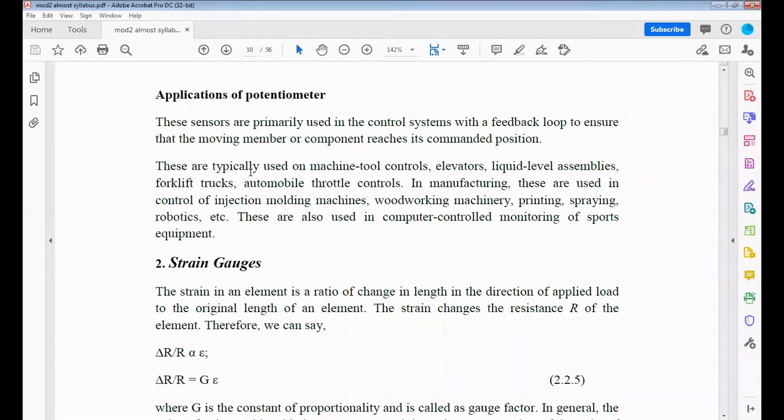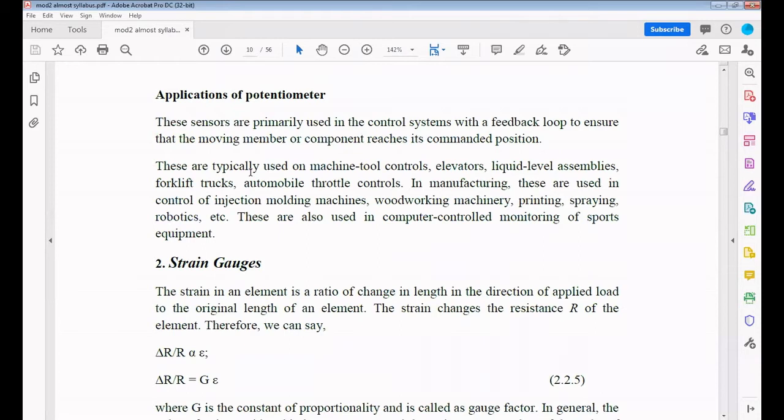Elevators, suppose for example in any industry, we need to construct one apartment. In that apartment we are taking whatever material from ground level to the upper level. For that we are using different systems. In that particular system also we are using this type of potentiometers, and liquid level sensors.